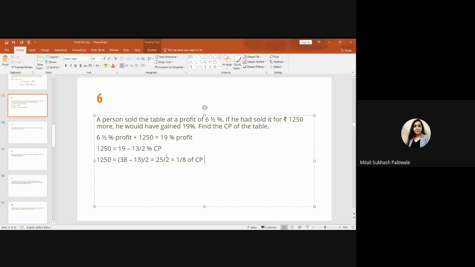How? I've multiplied this 2 with 1250 and divided it with 25. So this would become 1 by 8 of CP.